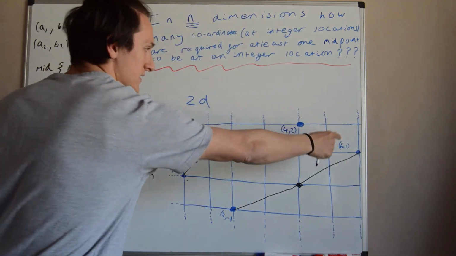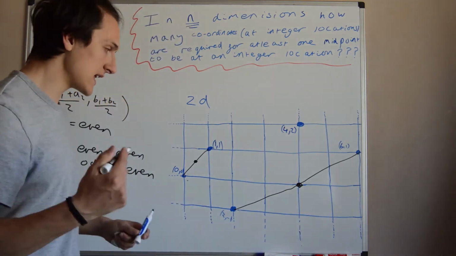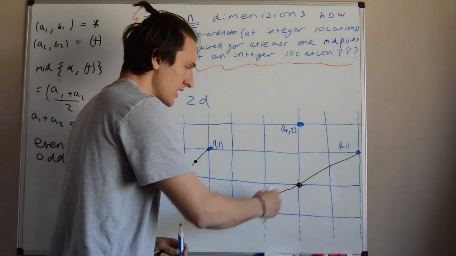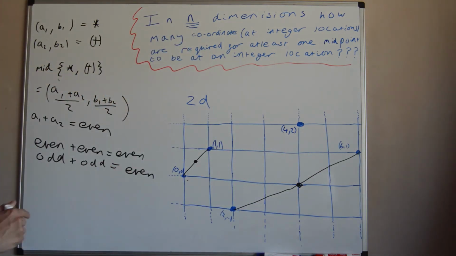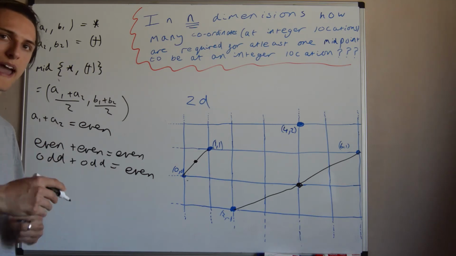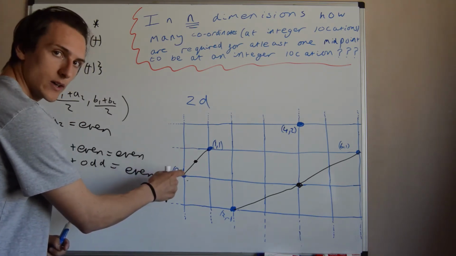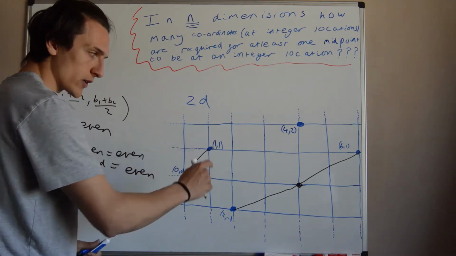So if you look at these 2 coordinates, it's 2 and 6. Those are both even, of the same parity, and we have -1, that's odd, and then we have 1. So those are of the same parity. Okay, so let's consider the possible pairings of parity. In this case, the x coordinate's even and the y coordinate's even. In this case, the x coordinate's odd and the y coordinate's odd.